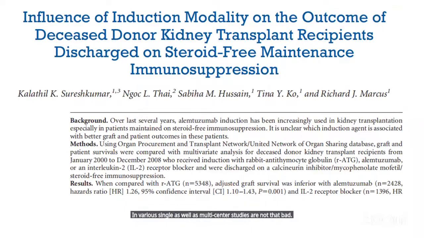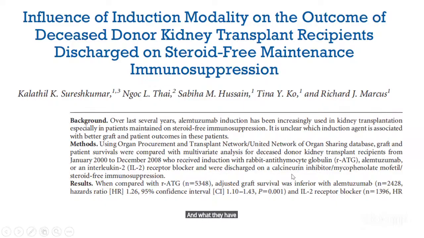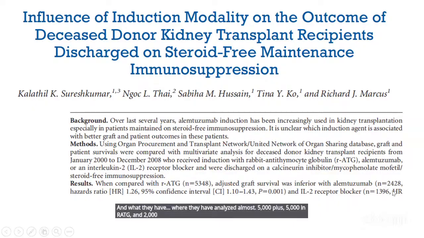Dr. Suresh Kumar has recently analyzed OPTN data for the influence of induction agent on deceased donor kidney transplant recipients' outcome with steroid-free maintenance immunosuppression. They analyzed almost 5,000 patients in the RATG group, 5,000 in another, and 2,000 plus in the alemtuzumab group.